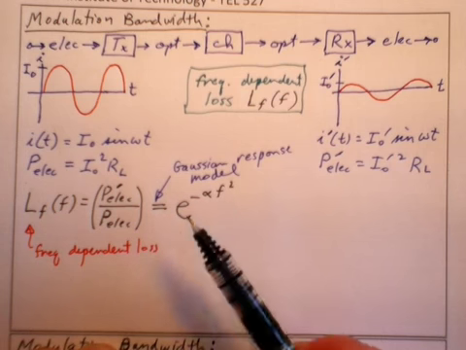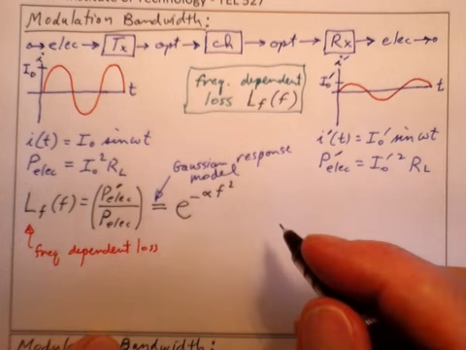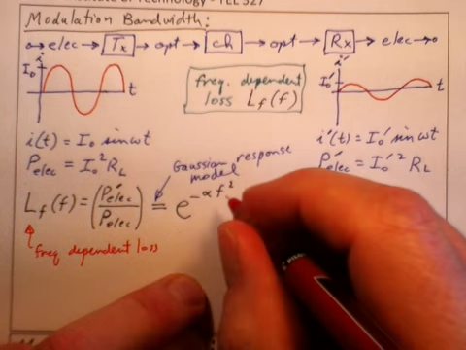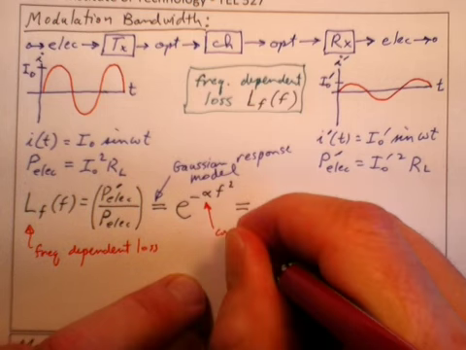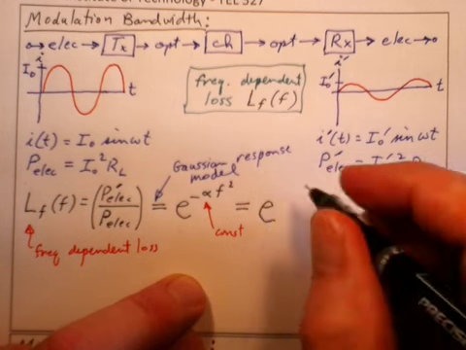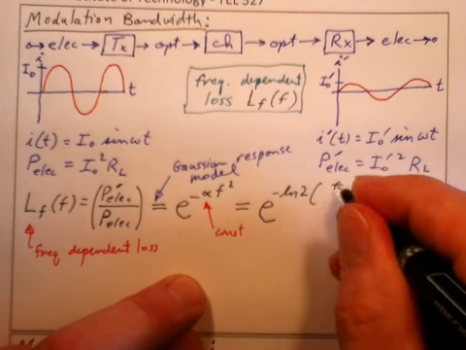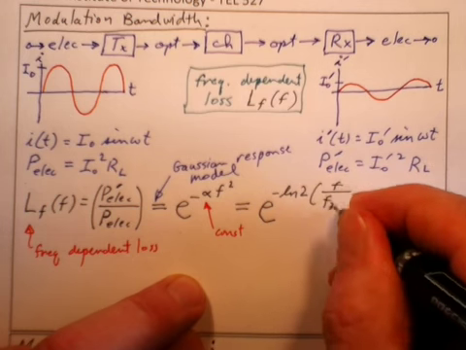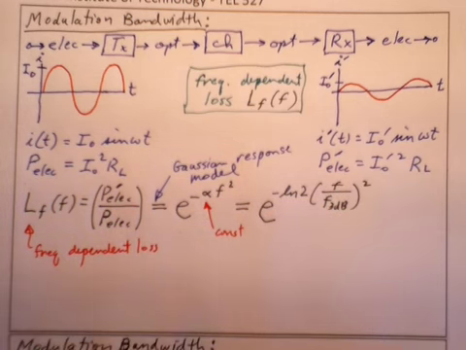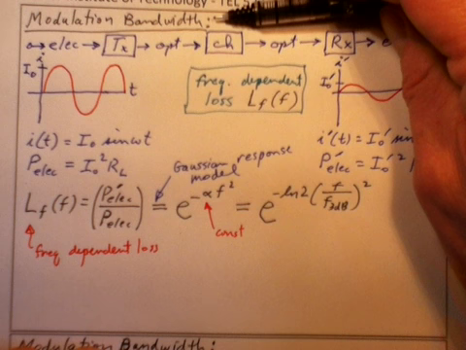And so this is our loss. We're going to rewrite this. Instead of having a constant here, we're going to write that constant in a way that makes some sense. We're going to write e to the minus ln 2, natural log of 2, times f over f 3 dB squared. And this f 3 dB is our 3 dB modulation bandwidth.